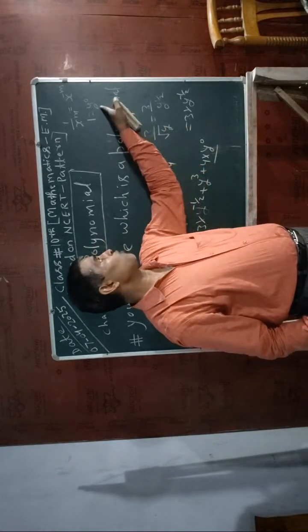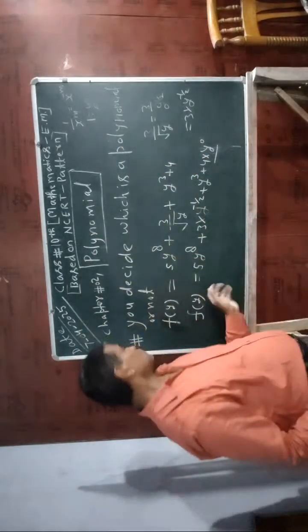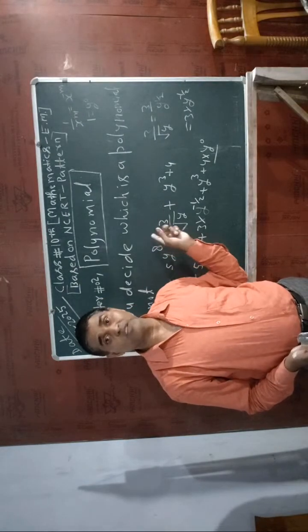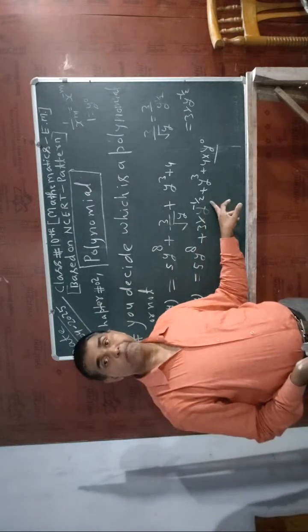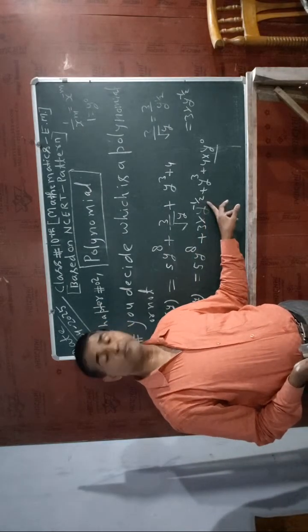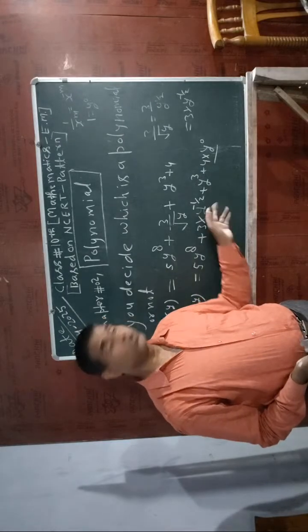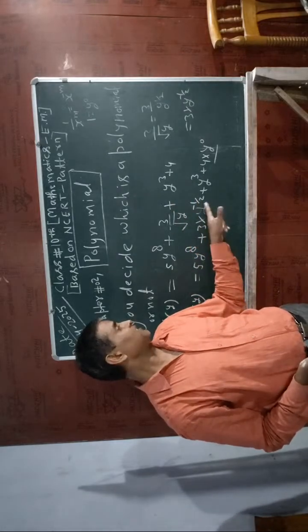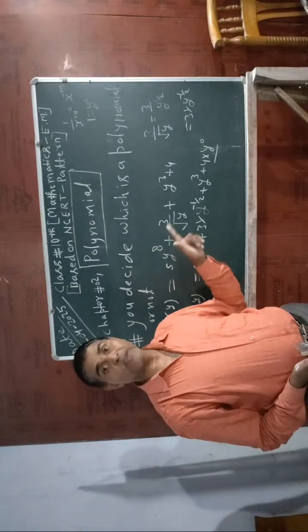The value of y to the power 0 is 1. Okay students, a function is a polynomial when its powers are from 0 to positive infinity.